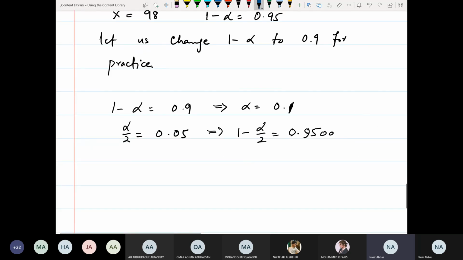From here, we deduce that z alpha by 2 is 1.645.